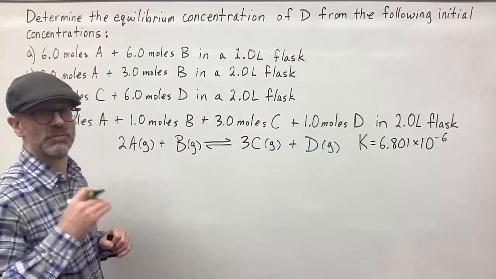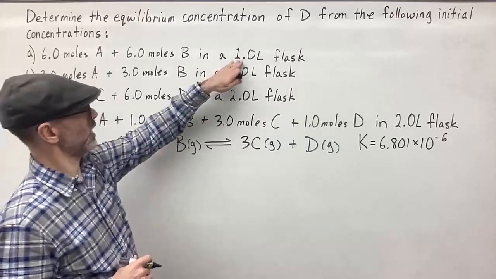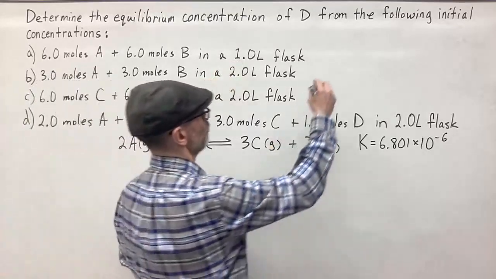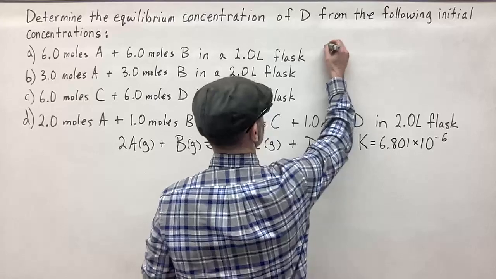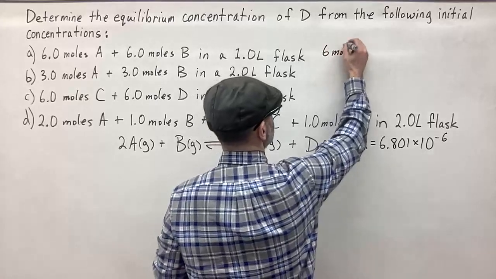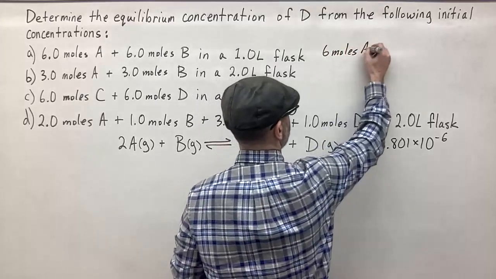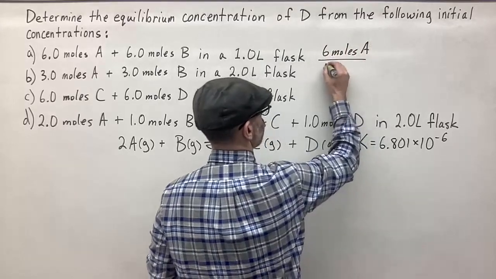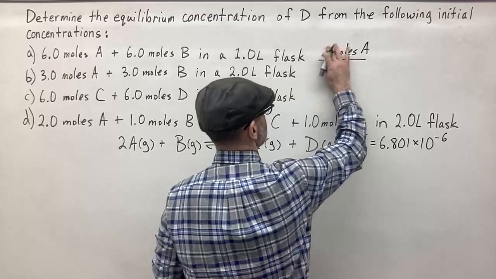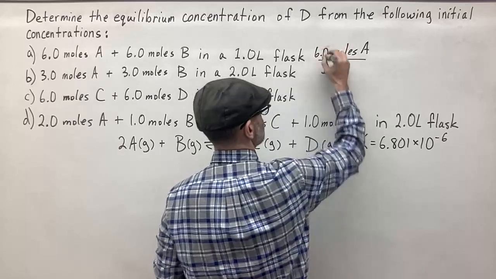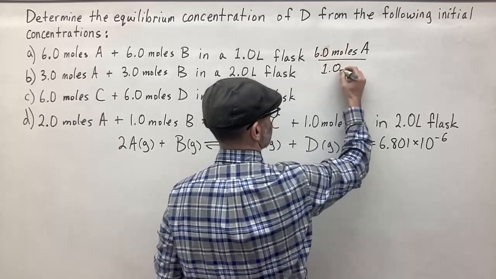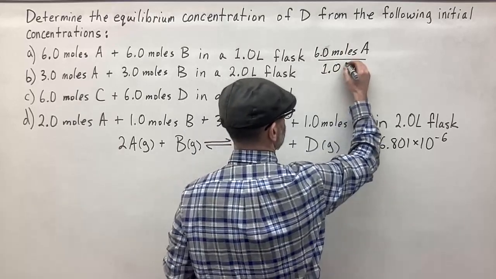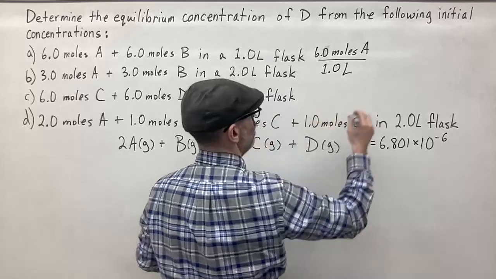Because the concentration is moles per liter, we've got 1 liter for the flask. So if we write the concentration, it'd be 6.0 moles of A over 1.0 liters.